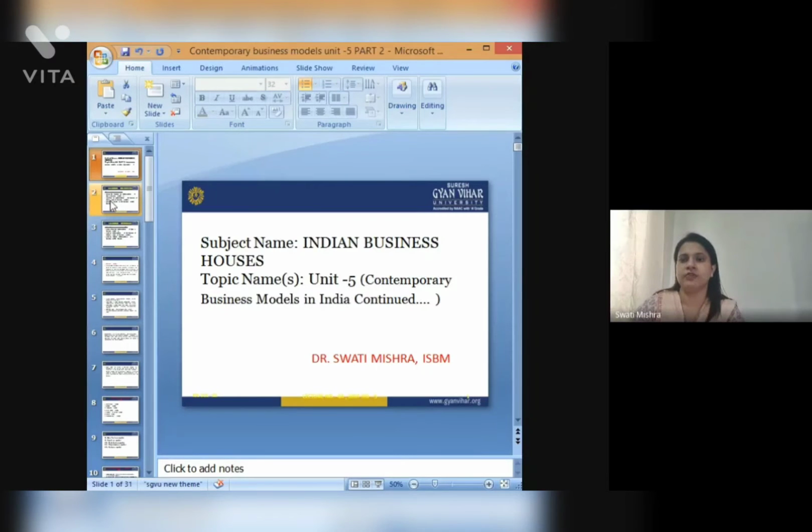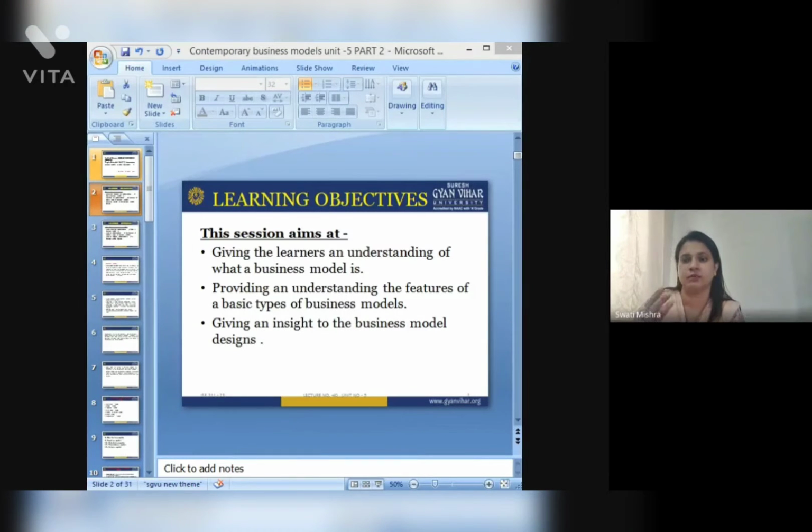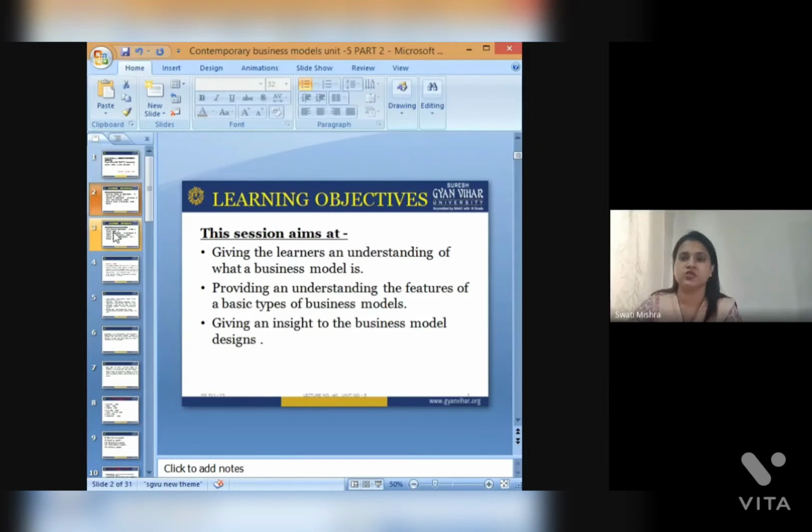Basically, if we talk about the learning objectives of today's session, this session aims at giving the learners a deeper understanding of what a business model is. And of course, it aims at providing an understanding of the features of all the basic types of business models that are currently being used by various well-known organizations, and it also aims at giving an insight into business model designs to the learners.